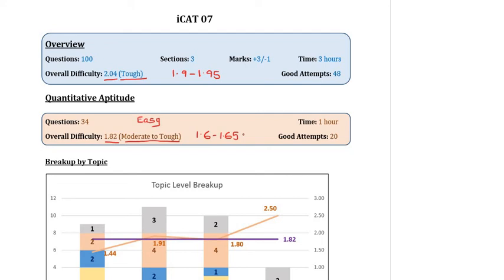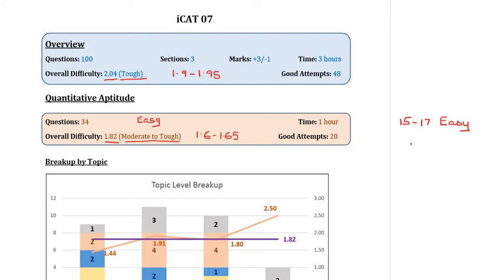Now, how do we generally define the number of good attempts, or how do we look at the quant section? Luckily for us, over the last 3 years, we've seen that the breakup of easy, moderate and tough questions in quant is more or less well defined. What do I mean by this? Roughly 15 to 17 questions in the quant section have been found to be easy. Now, it does not mean that this is a rule.